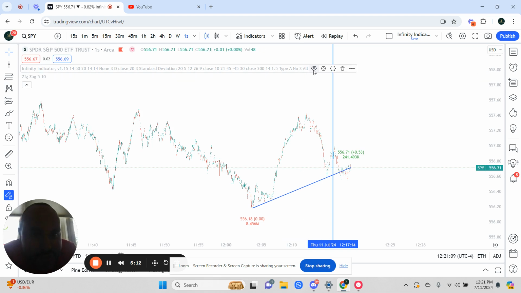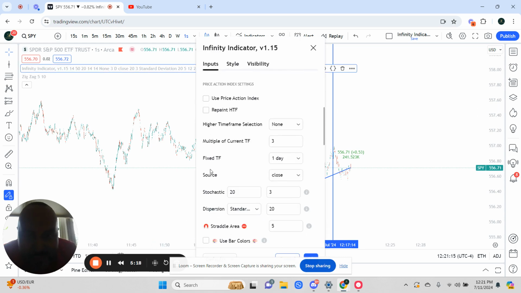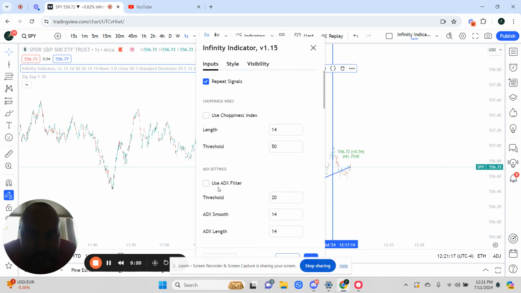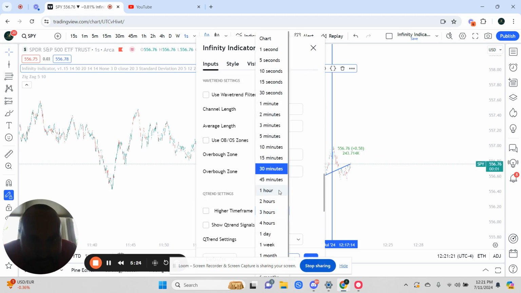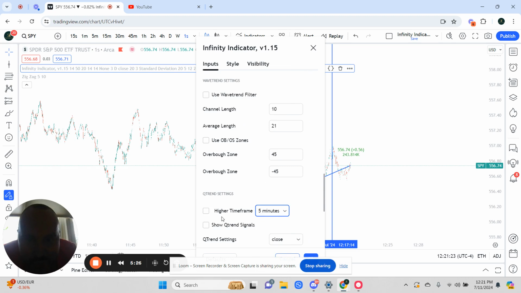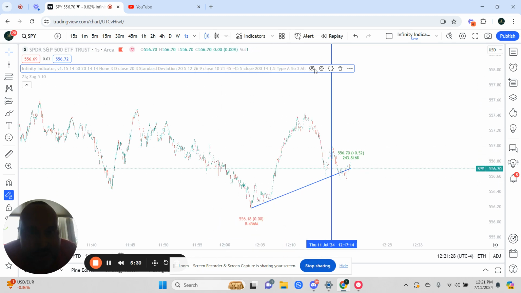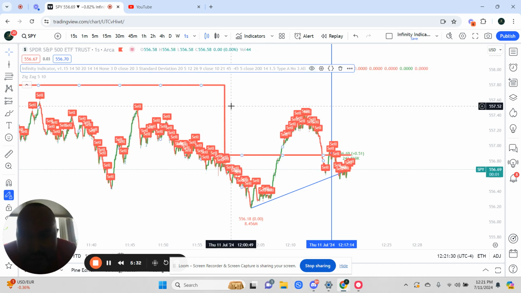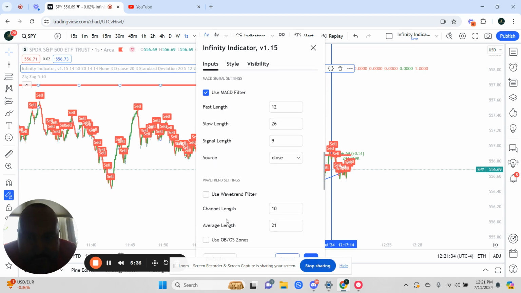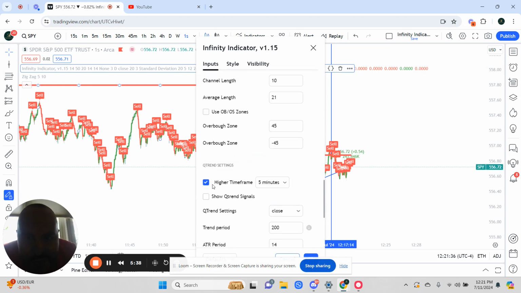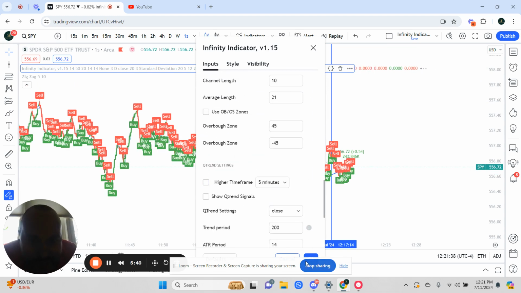The point of this is not to show you the buy and sell signals, right? The point of this is to show you that my indicator is not a repainting indicator. So what you can do, and I'm going to show you this right now, is I just turn my indicator on. Ignore the actual signals, okay?